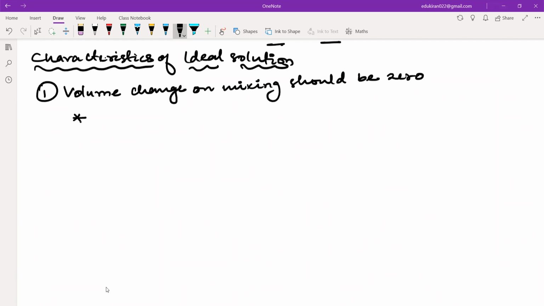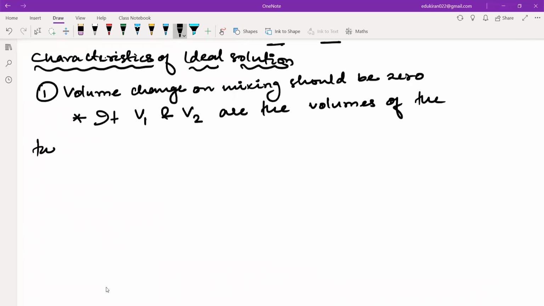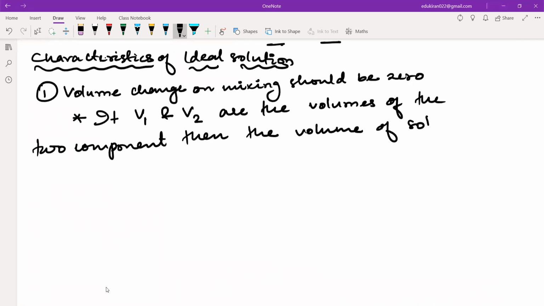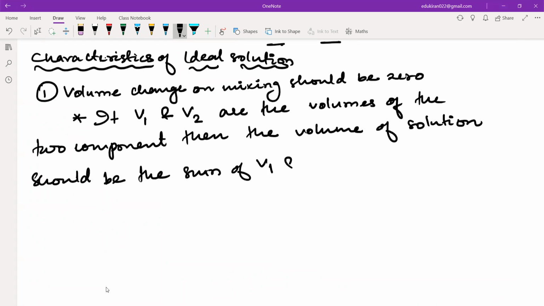Okay, that means if I mix two things, suppose V1 and V2 are the volumes of the two components, then the volume of solution should be the sum of V1 and V2.